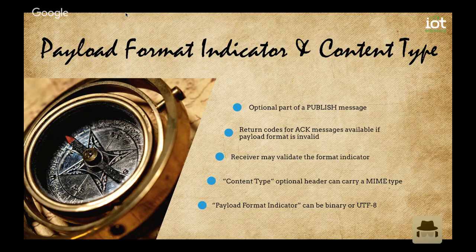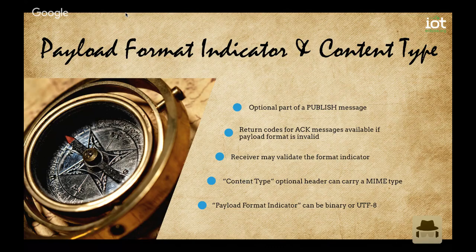Also for humans, if humans want to dig into the actual contents. Tools like MQTT.fx, which are end user tools, have features for interpreting the data. If you use MQTT.fx, it allows you to say, okay, this is JPEG data, this is text data, and then it interprets it as text.